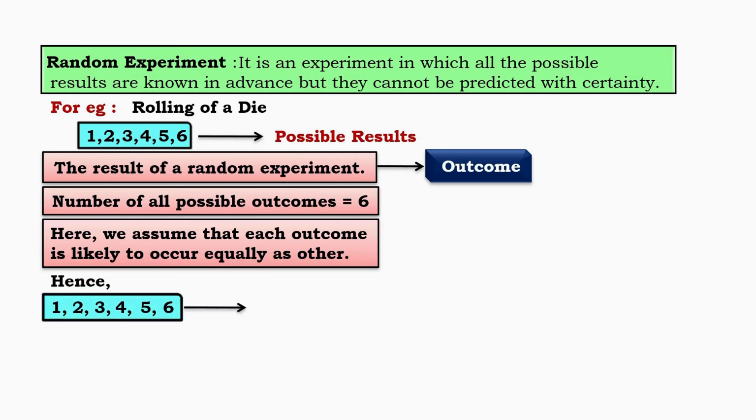Hence, 1, 2, 3, 4, 5, 6 are called equally likely outcomes. We can't say that 5 will not come. No, 5 can also come. There is an equal chance of any number between 1 to 6 coming. That's why it is called equally likely outcomes.